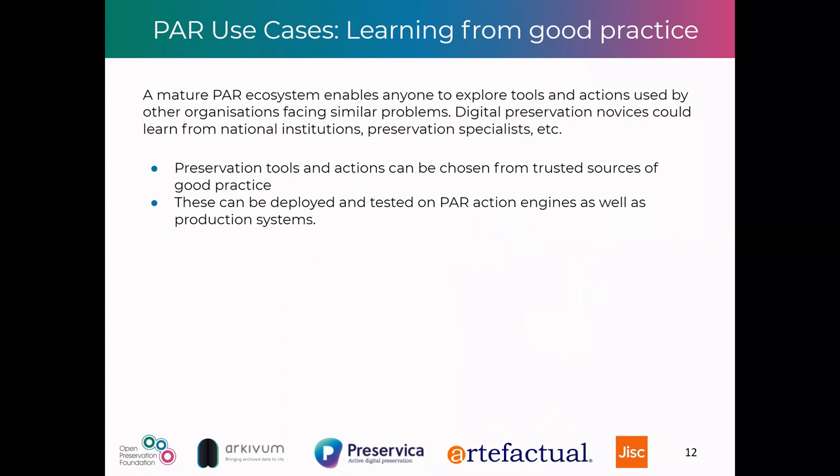So we envisage an ecosystem where, as well as some of the large national libraries and archives, there would be small organizations, for instance, format expert organizations, such as the PDF Association, who specialized in a particular type of data and they could advertise particular preservation actions that they approved of for particular formats, for instance, the conversion of a document type between document types, or the conversion of PDFs to PDF/As, for example.